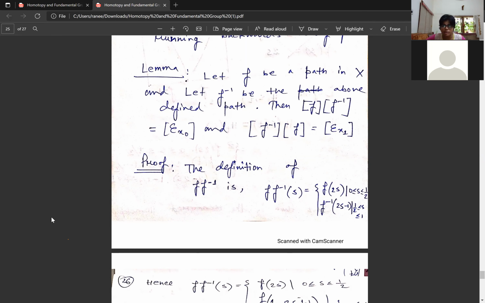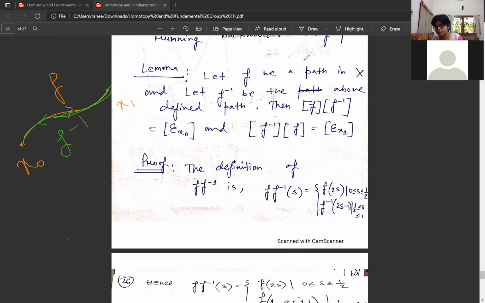Then I'm starting from x naught and I'm reaching x naught again, right? So in some way it gives me a loop at x naught. Loop means a closed path whose initial and terminal point is the same. Then I'm saying, as I'm moving half of the path by f and traversing backward through f inverse for the remaining half, that path is homotopic to the constant path at x naught.